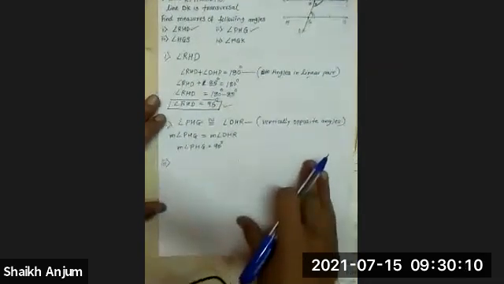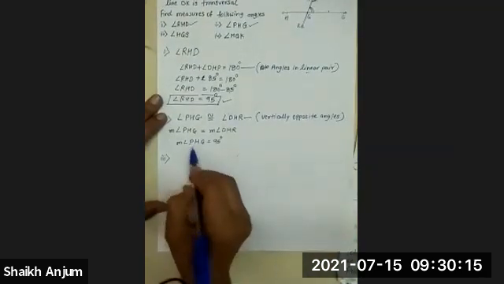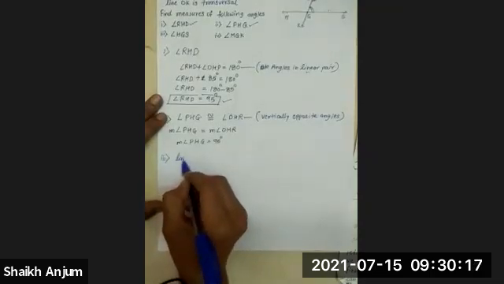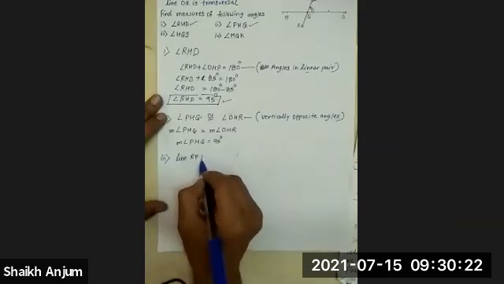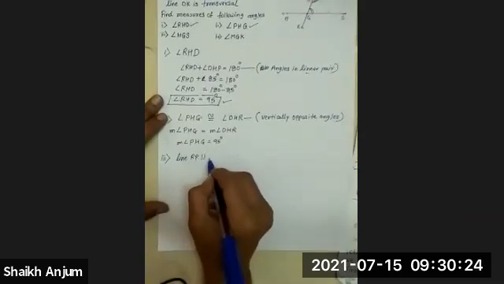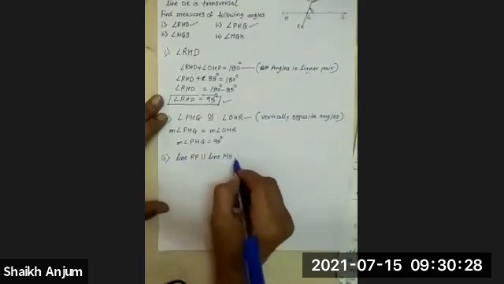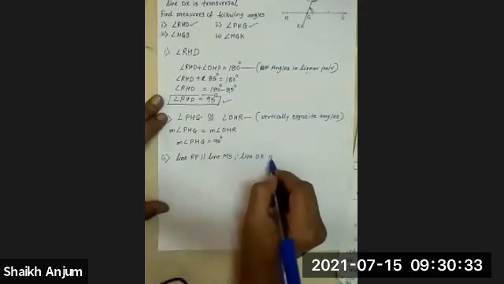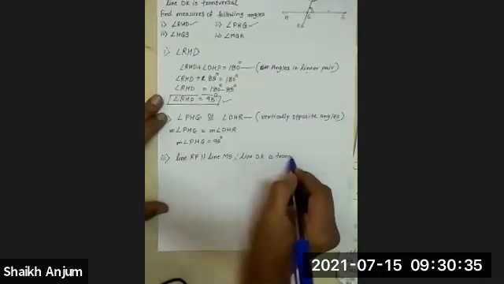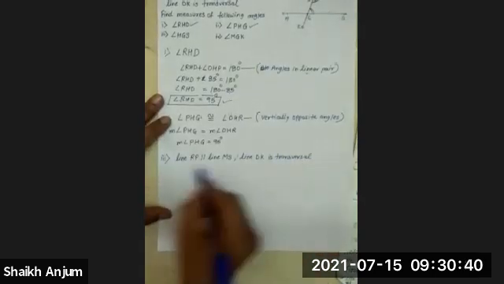So by that property, we will write in the solution that line RP, it is already given in your example, is parallel with line MS, and line DK is a transversal.